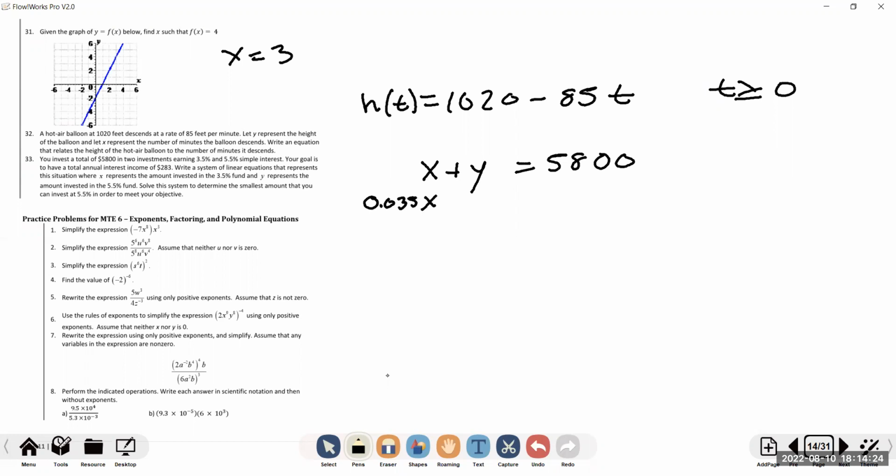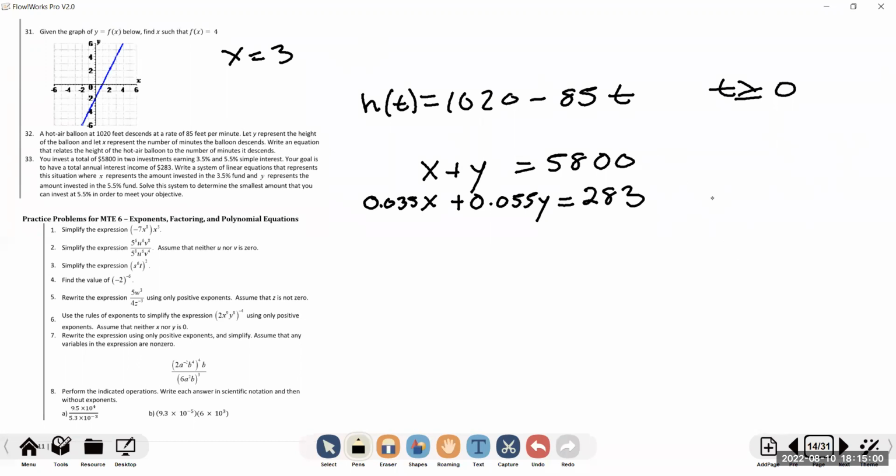So there's my return on investment for investment X. And my second earns 5.5% interest on investment Y. And I want that to be a total annual income of $283. Now this is hard because it's got decimals. That's okay though. We're probably going to use substitution here because we have coefficients of 1 on X and Y.